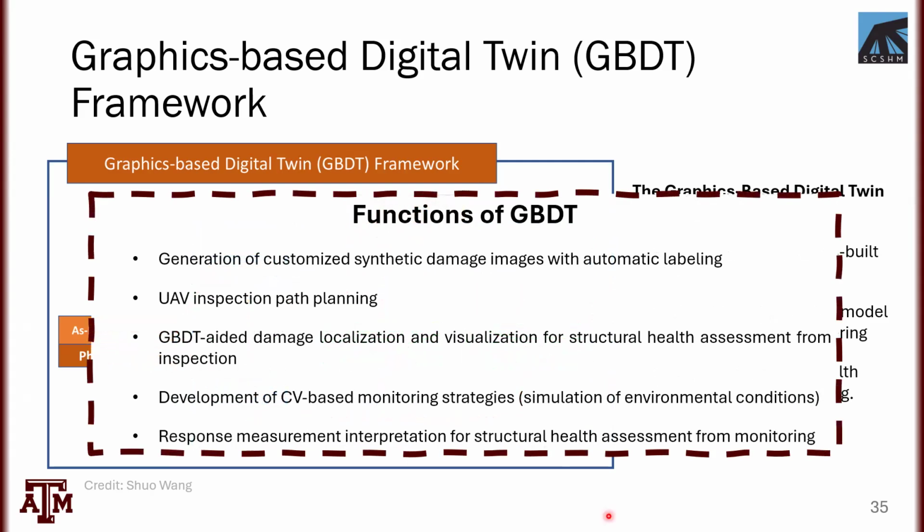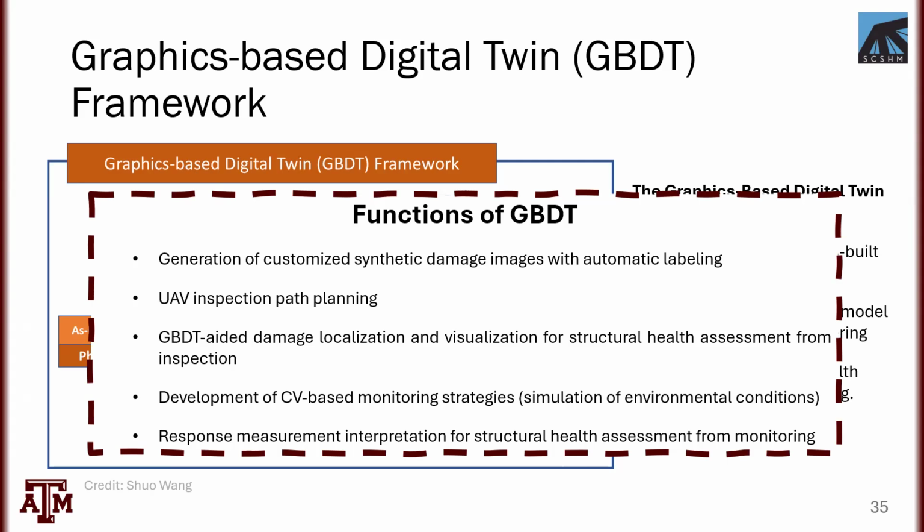So obviously, some of the functions are that I've talked about before: synthetic data generation, automatic labeling, using them for UAV inspection path planning, visualization of localized damages. We can also test a variety of different computer vision-based strategies, simulating those environmental conditions such as lighting, all those things, and basically helping interpret some of the responses we see from actual SHM we perform out in the real world.